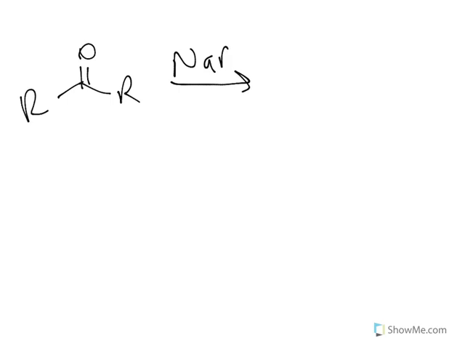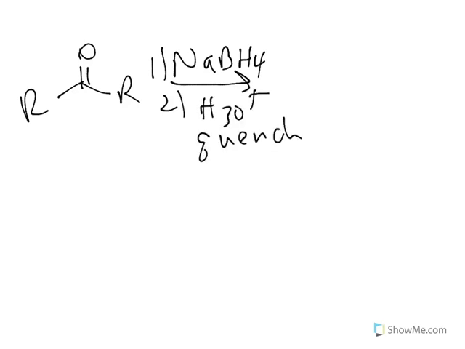Likewise, we can do this with a ketone. So the typical way that this would be written: step 1, NaBH4, step 2, H3O plus quench. And from that quenching, we get an alcohol again. But what is this? Is this primary, secondary, or tertiary?